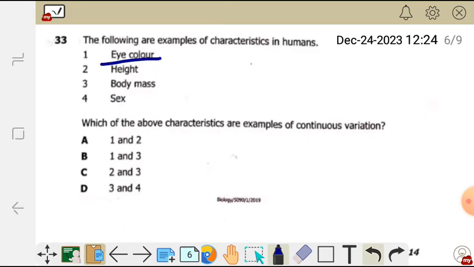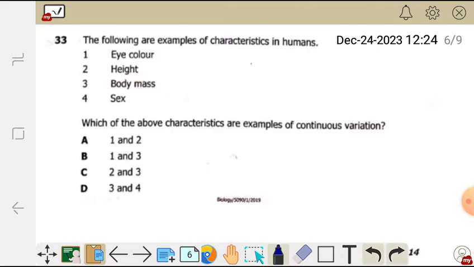Eye color and sex are discontinuous. Why? Because you can only be a male or a female. Then eye color, you can only have a certain color of the eye. You can have brown eyes, or you can have blue eyes or green. You don't have blue-green eyes, no. That's why it is discontinuous. But height, you can have any number.